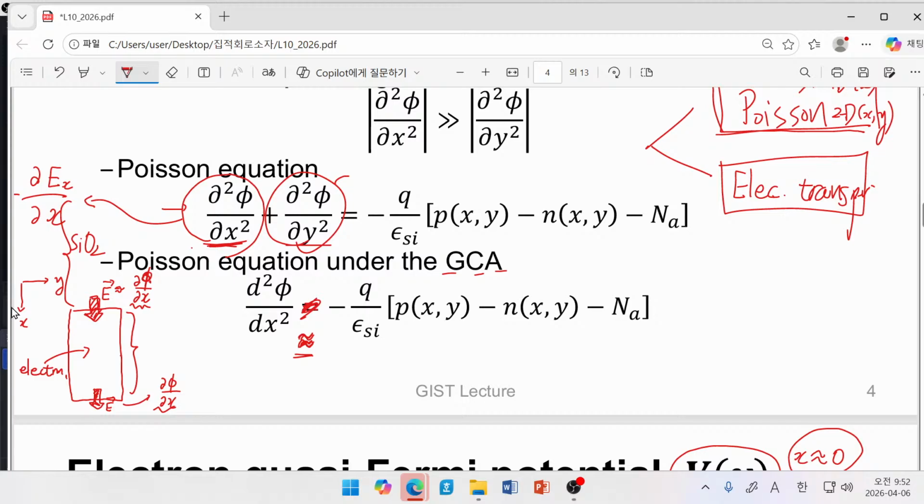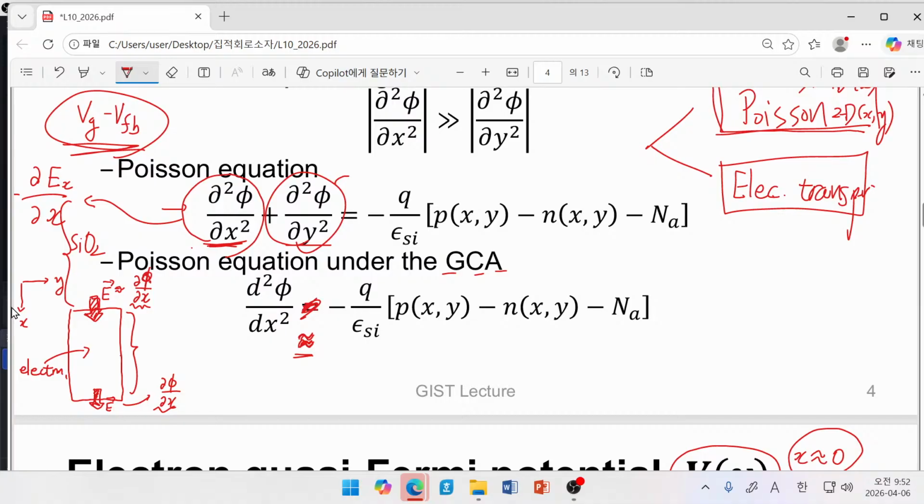Because this system is driven by the difference between the gate voltage minus the flat band voltage. This is our overall voltage margin to drive this vertical MOS system.